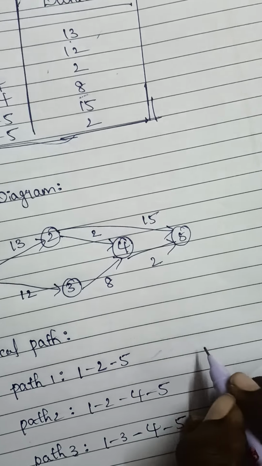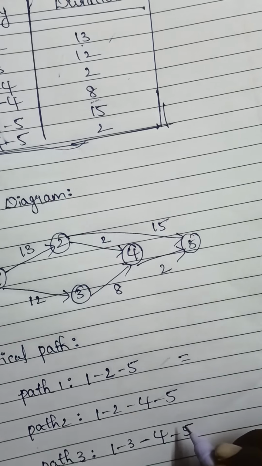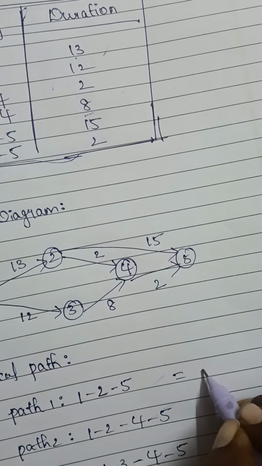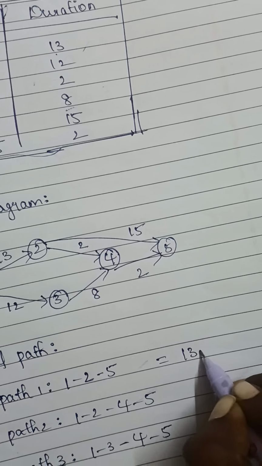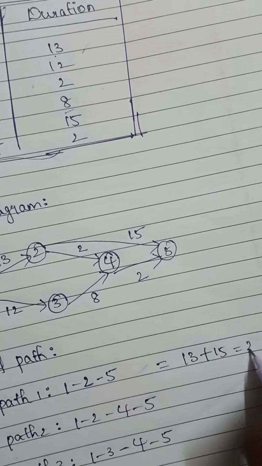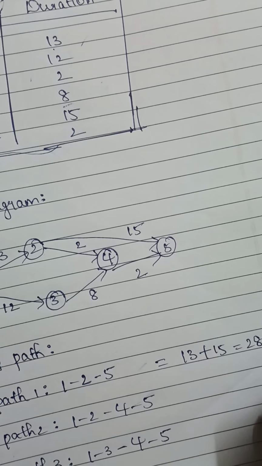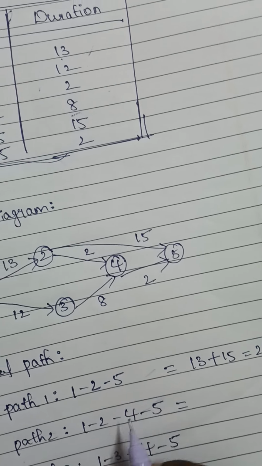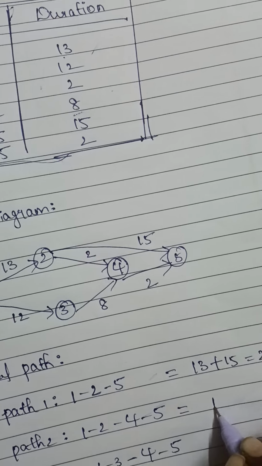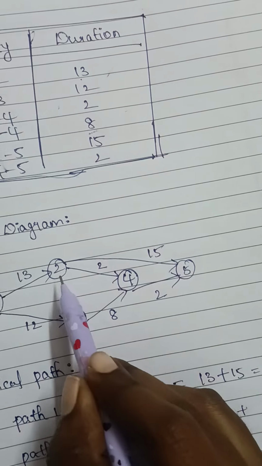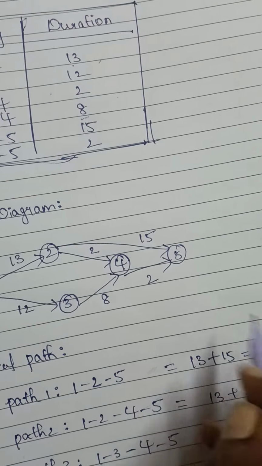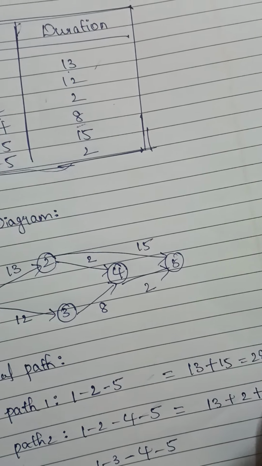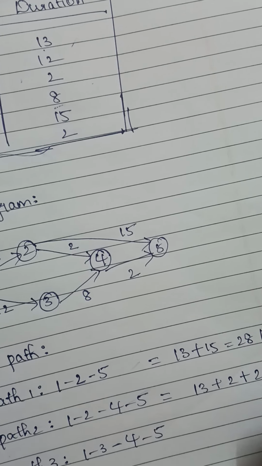Now we have to see how many weeks are required for every path. For the first path, 1 to 2 duration is 13 and 2 to 5 duration is 15, so 13 plus 15 we require 28 weeks. Coming to the second path, 1 to 2 duration is 13 plus 2 to 4 duration is 2 plus 4 to 5 duration is 2, so that means 17 weeks.